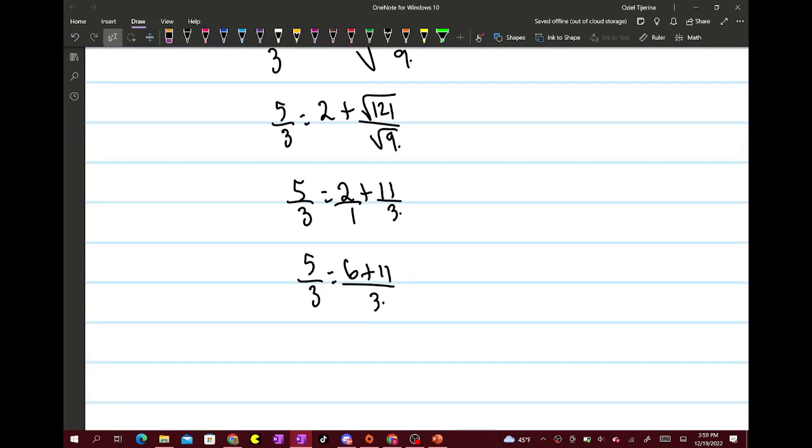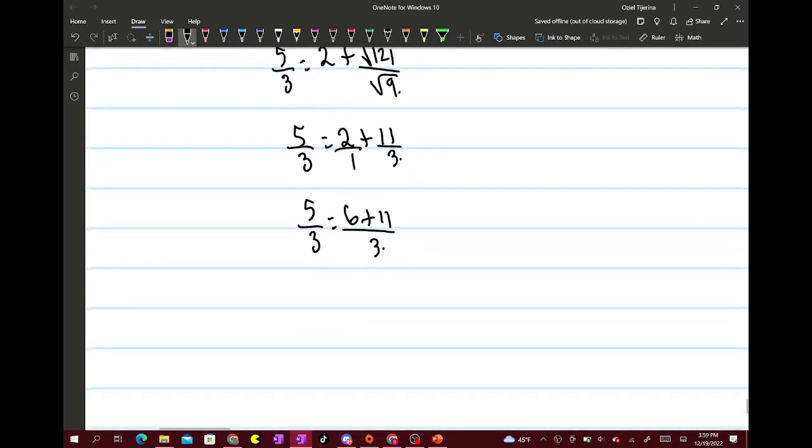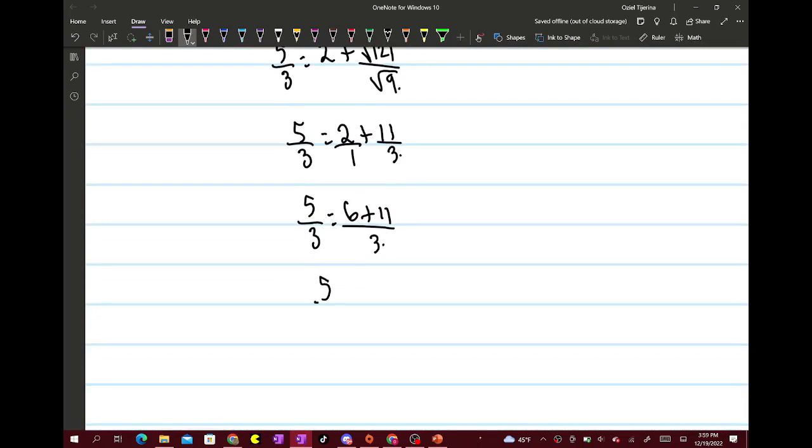Let me just make sure. Yeah, it is. So it'd be 2 times 3, which is 6, plus 11 all over 3. And this becomes 5/3 is equal to 17 over 3, which is not true.